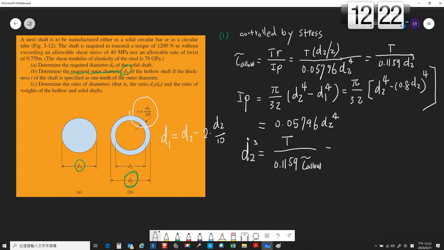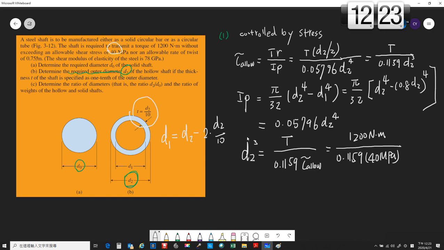Yeah, similar. Put all the data inside: Newton meter, 0.1159, 40 MPa, the same 40 MPa here.